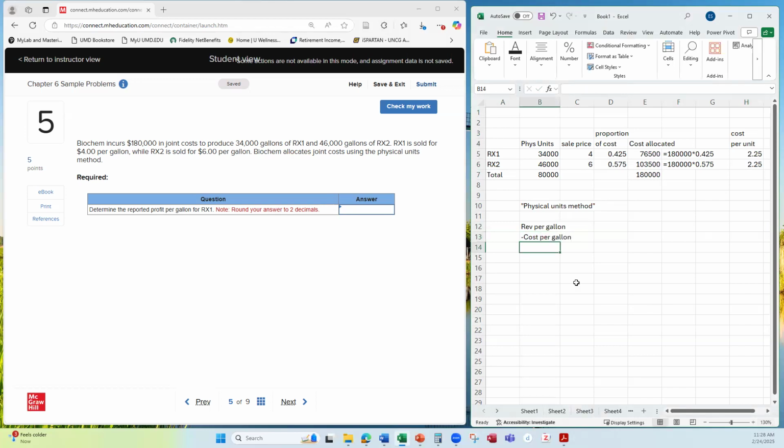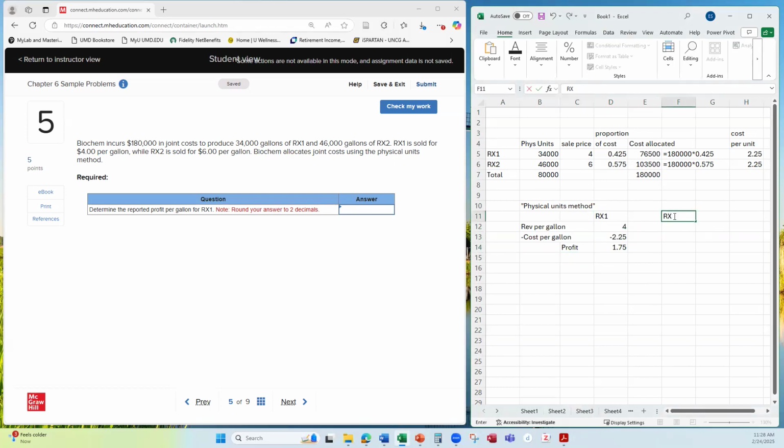And both of these have the same cost per gallon, right? So for RX1, our revenue per gallon, it sells for $4, right? So $4, and the cost is 2.25. So that gets us profit per gallon, $4 minus the 2.25 of $1.75.